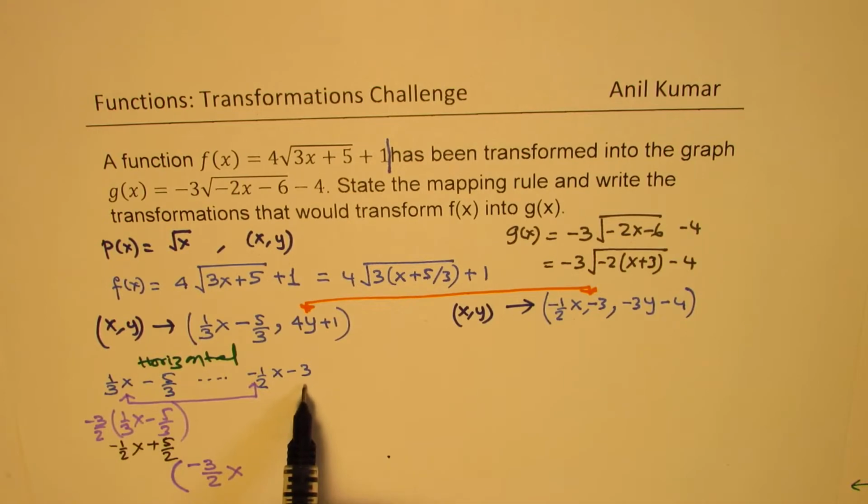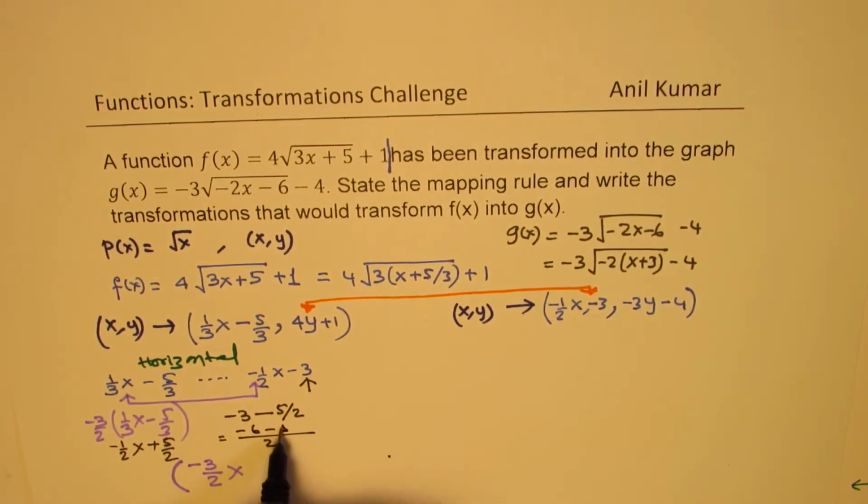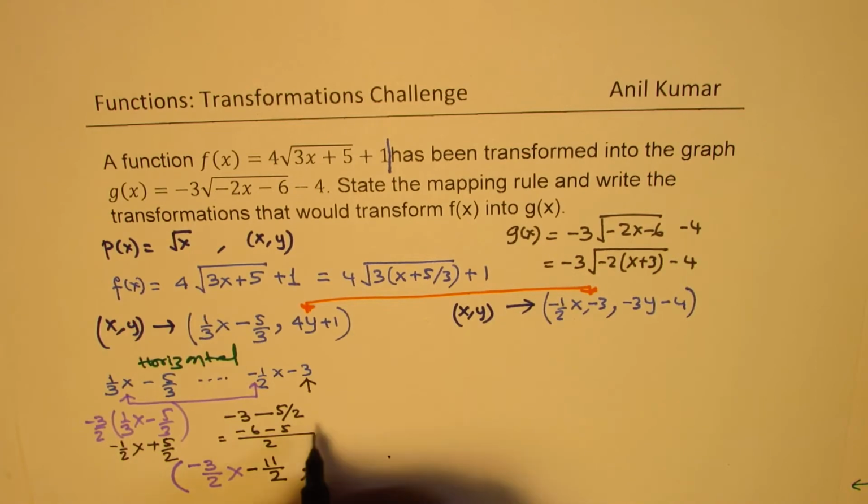So if you look at it, the transformation horizontally is minus 3, so we have minus 3 minus 5 over 2. That is to say, with 2 as common denominator, minus 6 minus 5, or minus 11 over 2. Do you see that part? So this is minus 11 over 2. So we get the horizontal transformation totally.